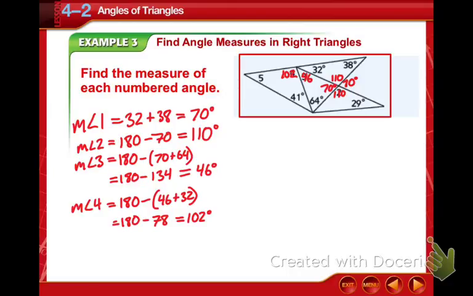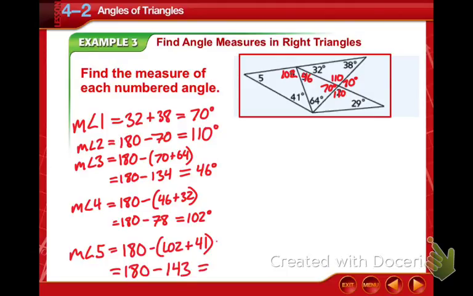So our last angle, angle 5, is a very similar problem to angle 3. So the measure of angle 5 is going to be 180 minus the 102 we just got, plus 41 that's given to us on the other side of that triangle. 102 plus 41 is 143, and 180 minus 143 is 37.